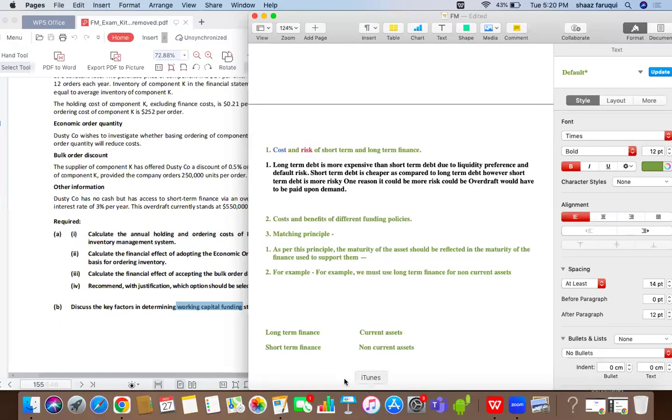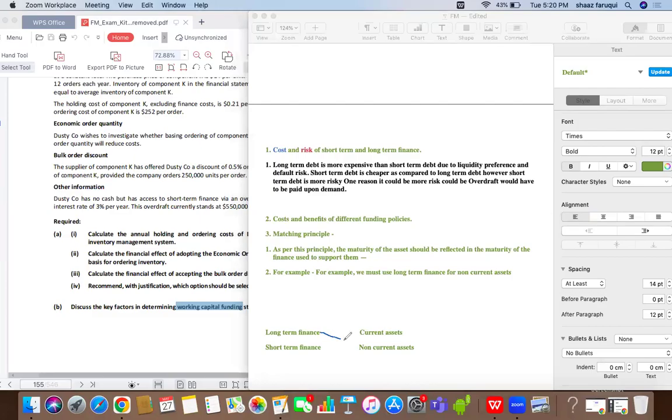Again, the matching principle says for non-current assets, we use long-term finance. That's what I have told here. We must use long-term finance for non-current assets, for permanent assets. And for fluctuating current assets, we use short-term finance. This is the matching principle. I'm literally doing match the following. And this I have elaborated in this point.